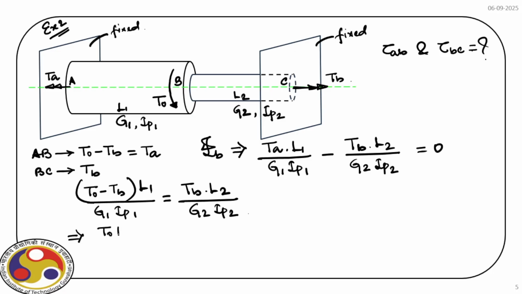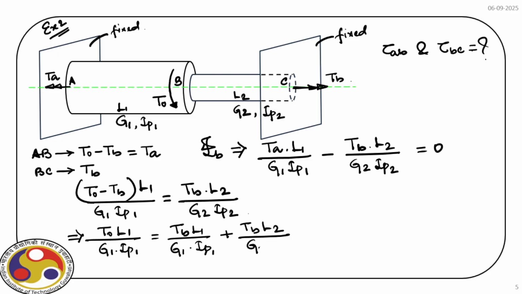T0 times L1 divided by G1 times IP1 is equal to TB times L1 divided by G1 times IP1 plus TB times L2 divided by G2 times IP2.